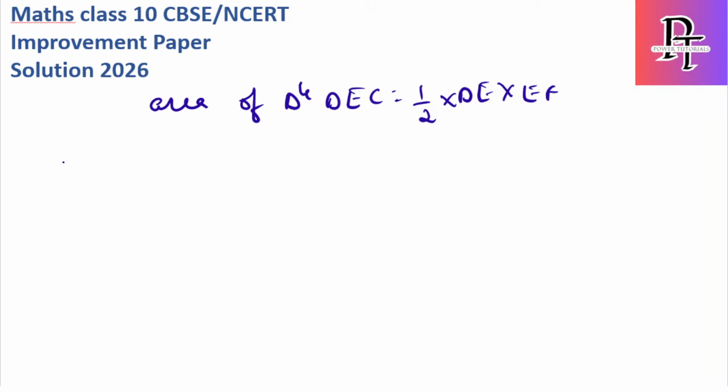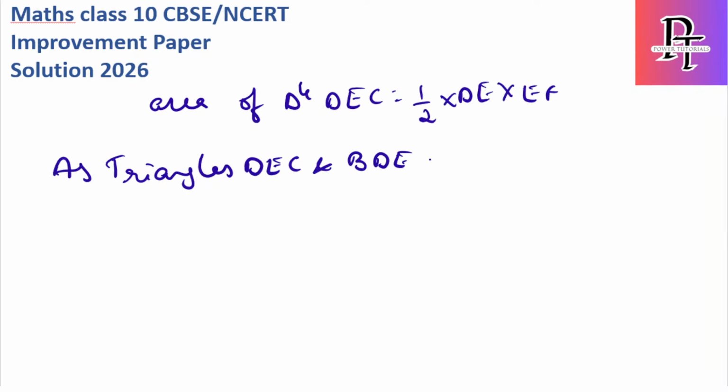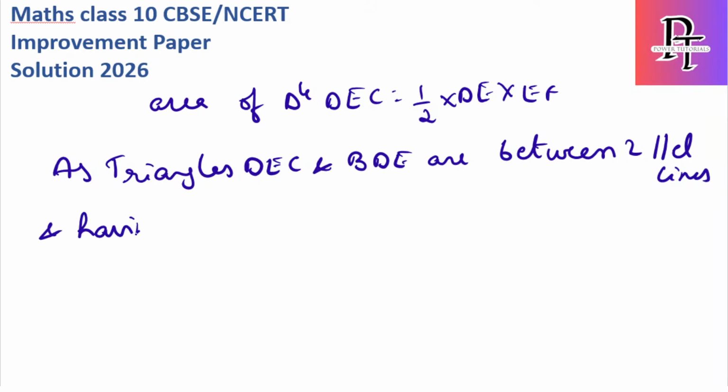As triangles DEC and BDE are between two parallel lines and having the same base, areas are equal.